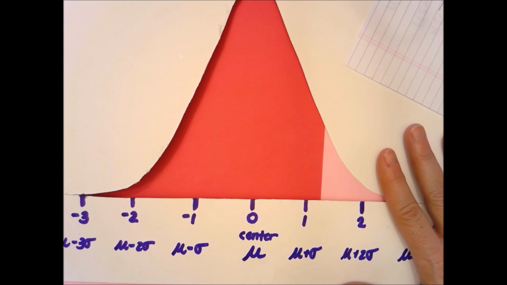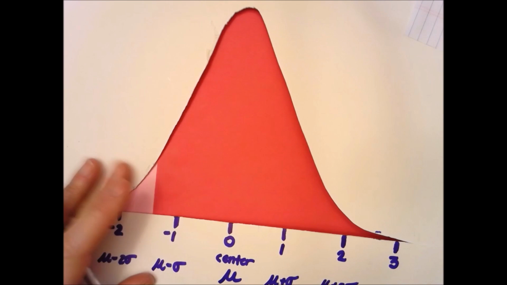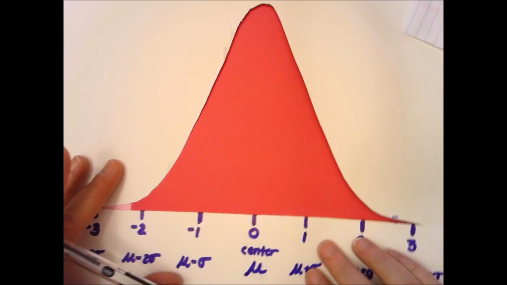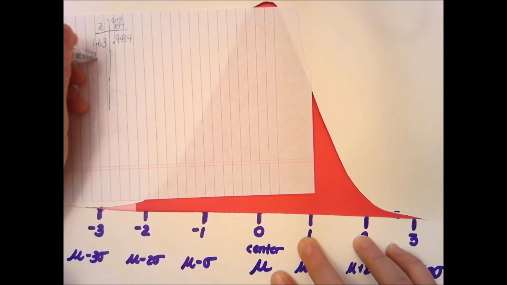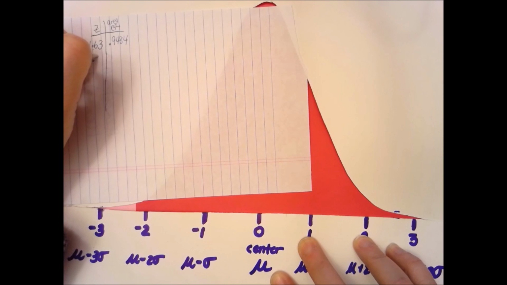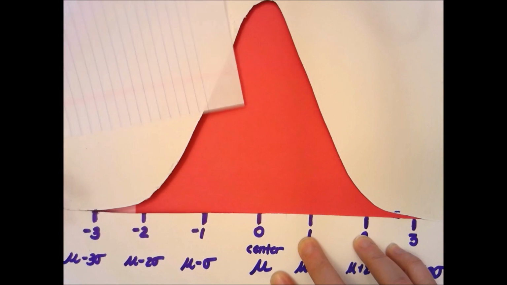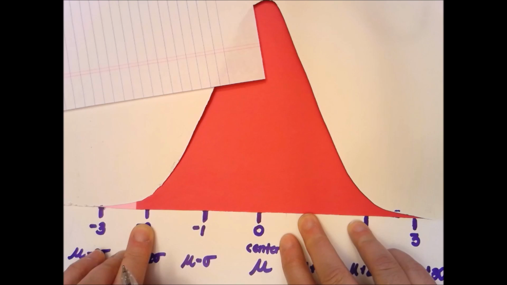How would we look up the area to the right of negative 2.27? I'm on the negative side, negative 2.27. That's a lot. Let's look at the table and see what we can get.